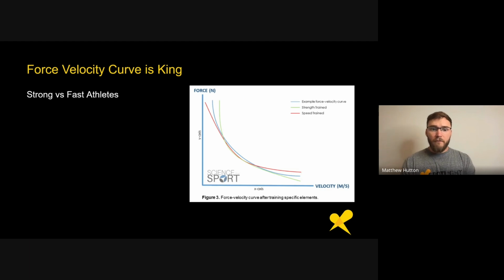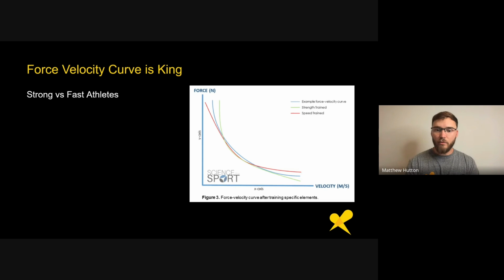So the force velocity curve here, the curve speaks for itself in that there's different applications of force and velocity. Obviously, that's in the name, but there's basically different dimensions of, okay, how fast is this weight moving? So you've got the really slow dimension.